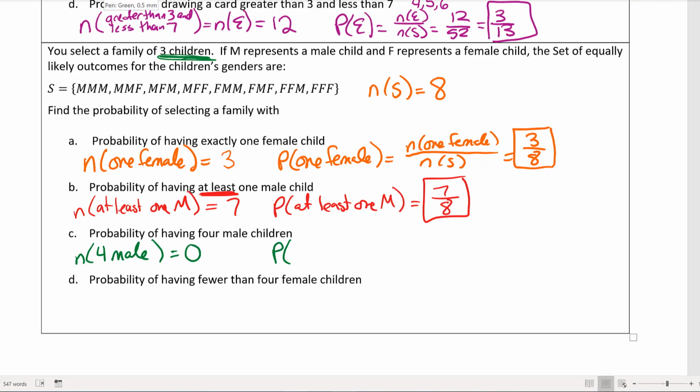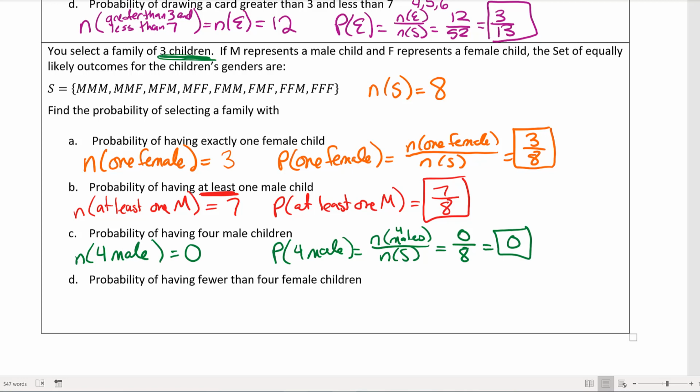So the probability of 4 males is going to be 0 out of 8, which reduces to just 0. There is no way of getting 4 males if you only select from a family of 3.